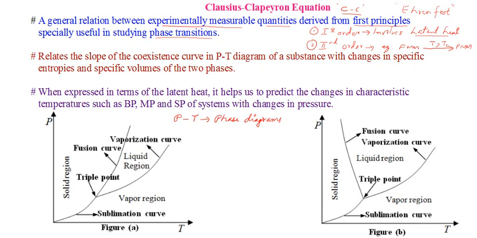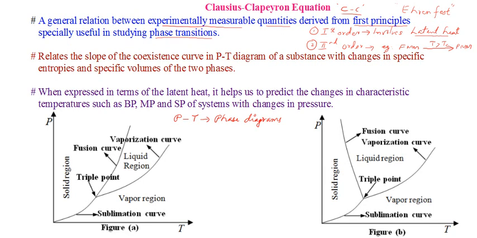You have discussed the anomalous expansion of water, and we have seen that the density variation of water is quite different, right? So figure A shows the PT diagram for simple systems which do not show any anomaly in their expansion.